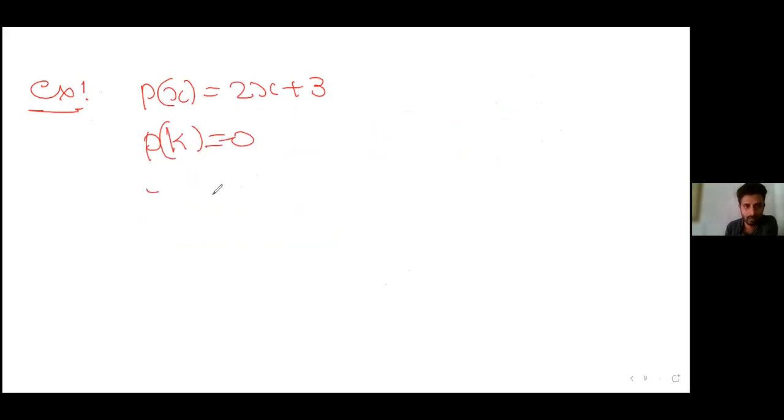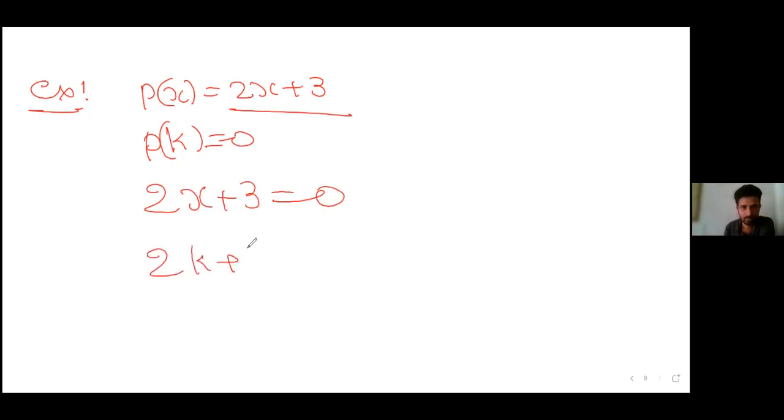Since it is a linear polynomial, I can write 2k plus 3 is equal to 0. Just rearranging the terms, you will get minus 3 by 2.